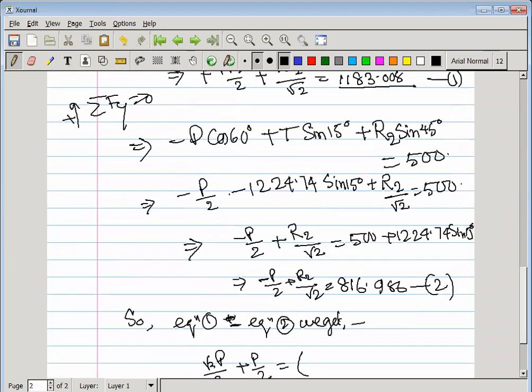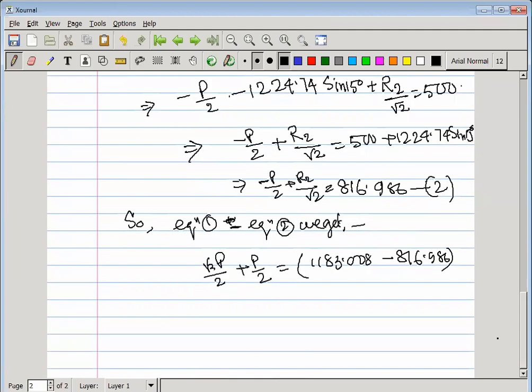And minus means how much is the previous value? 1183.008. Please do this calculation, minus 816.986. How much is this?